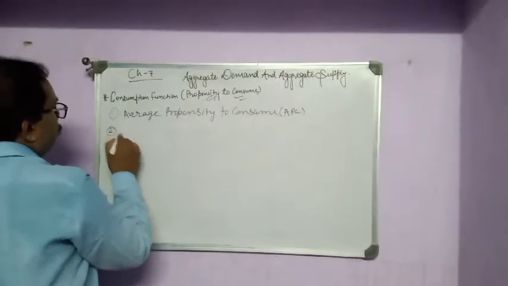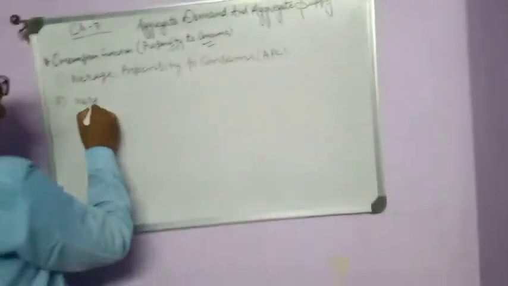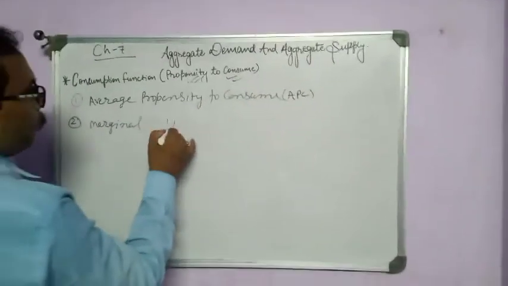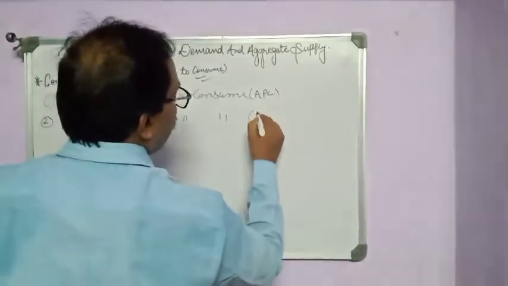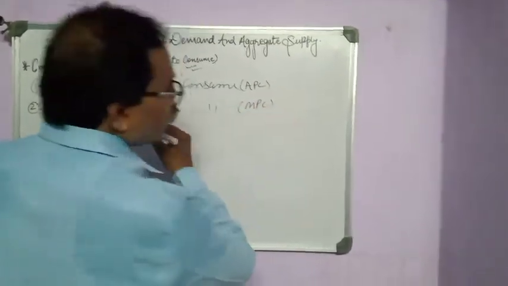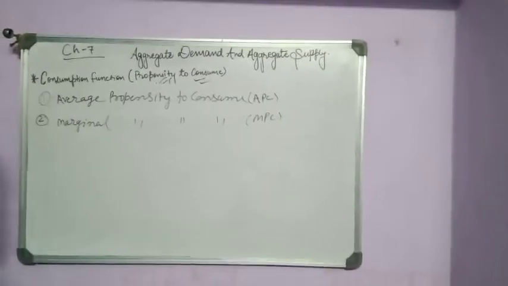Second is the marginal propensity to consume, and in short form it is known as MPC.